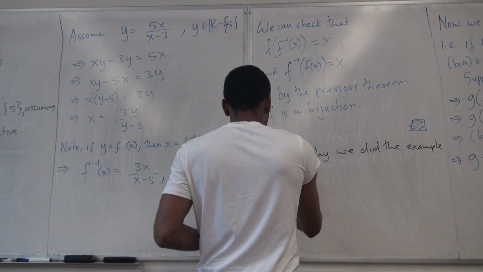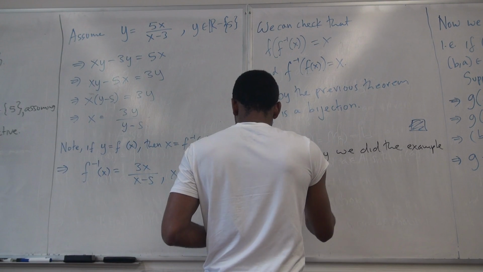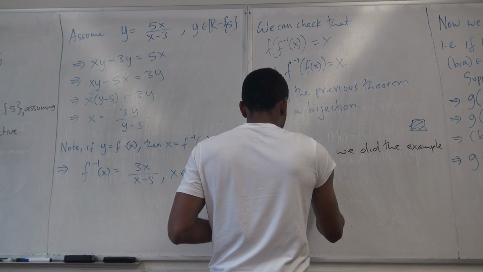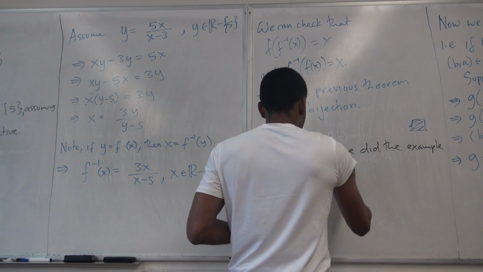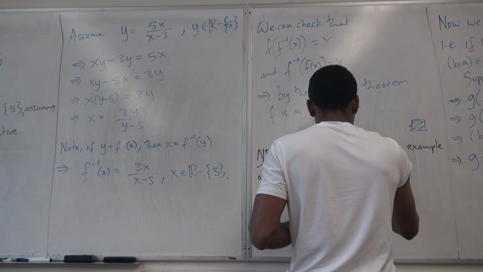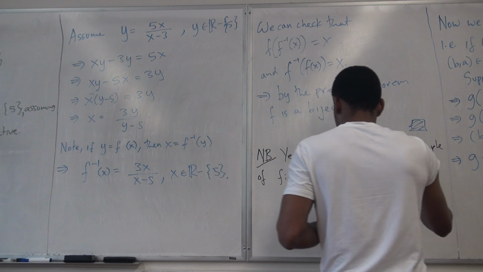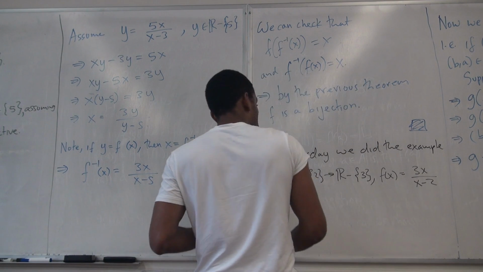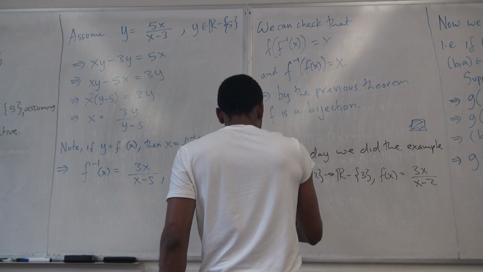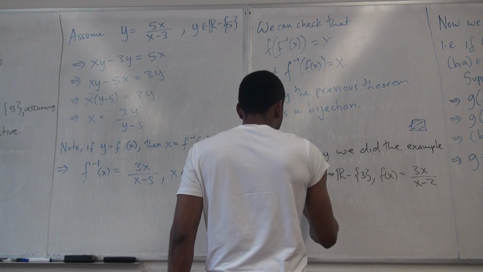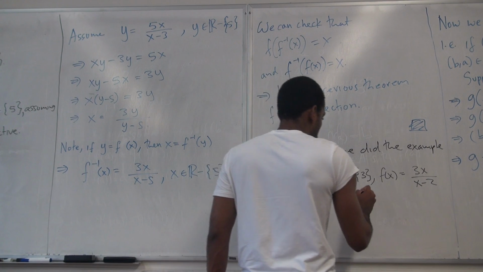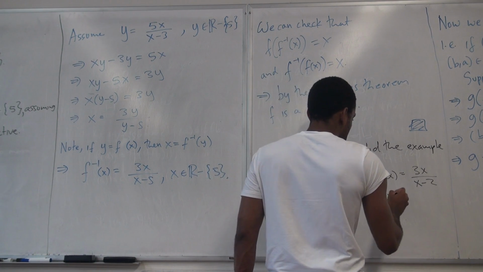So f went from R minus 2 to R minus 3, where f of x equals 3x over x minus 2, and we showed that it was bijective.